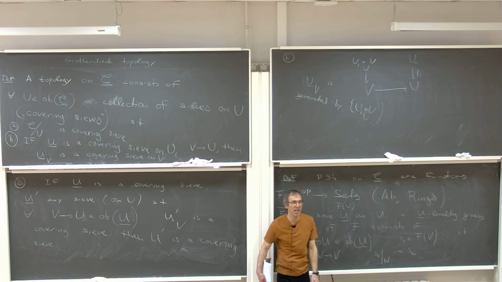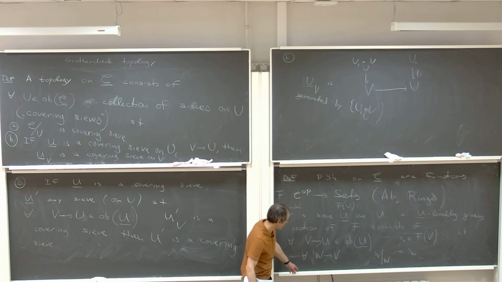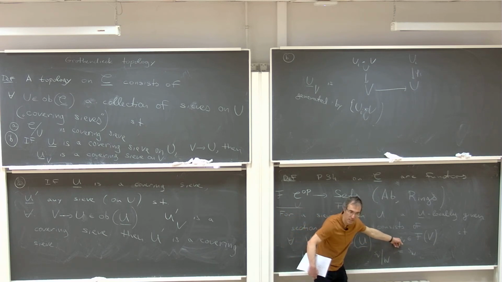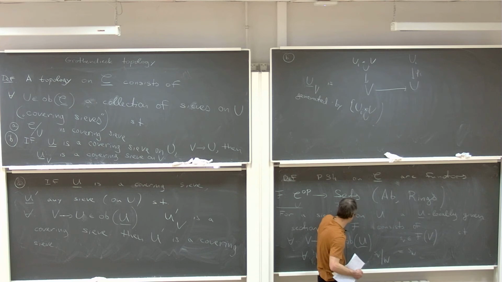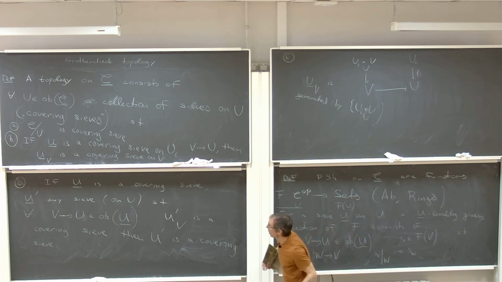Can you give me an example of a locally given section? On U, very good, right? Any element here produces these: you can just take this section s on U and restrict it to V, and this condition holds automatically.